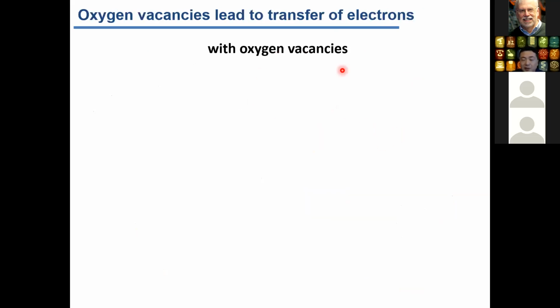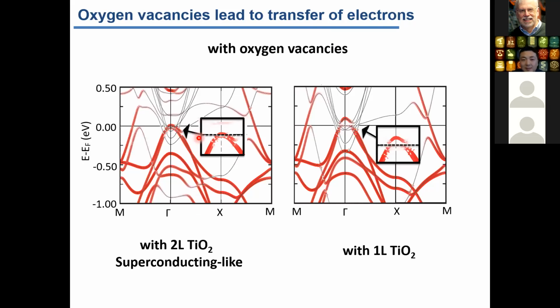Now if we introduce an oxygen vacancy into the top layer of the TiO2 and do the calculation again for two-layer or one-layer TiO2 terminated STO, you can see the band structure starts to change. For the two-layer case, the hole band almost gets completely suppressed at the Gamma points. For the one-layer case with the same amount of oxygen vacancy, you can still see obvious hole bands here.